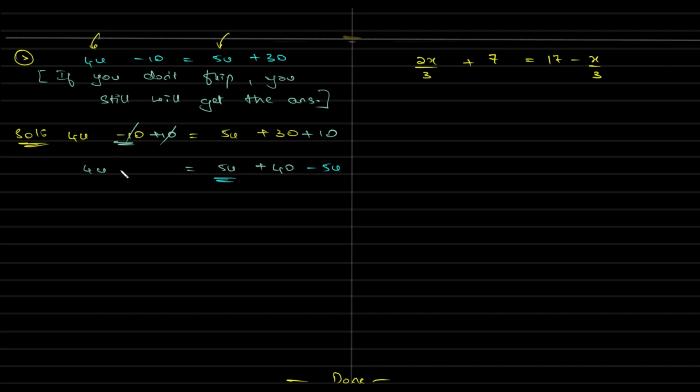I'll subtract 5u on both the sides, and I have difference between this positive and negative, so I have to take the difference. Negative 1u is equal to 40. So I have to eliminate negative 1. I can either multiply or divide with negative 1. I'll just go with division. Negative divided by negative is positive, and you have u. Positive divided by negative is negative 40. That's it.